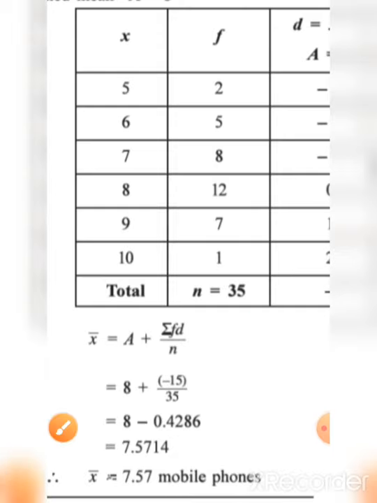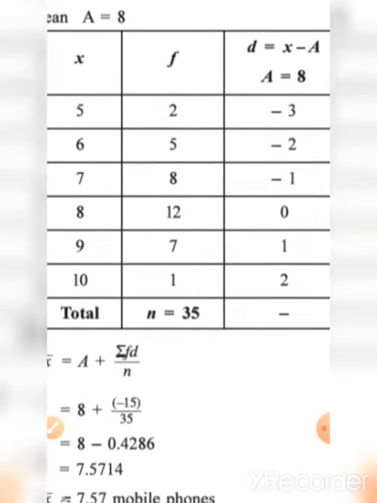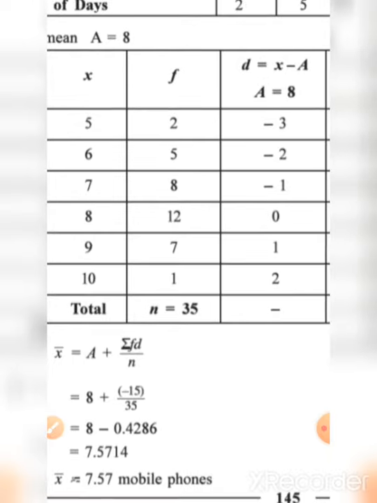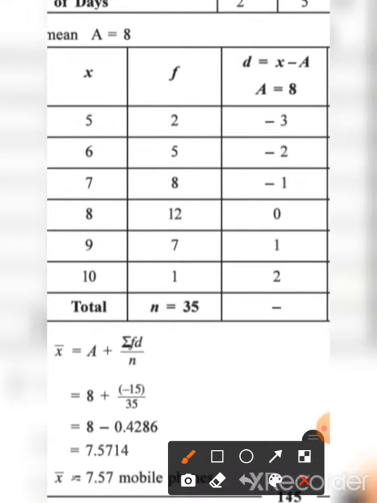So over here, first of all, we'll find out the assumed mean. I have told you many times that the assumed mean should be a number from the middle. But in the middle, see the column of xi, you are having 7 also and 8 also. So which number is to be taken as assumed mean?